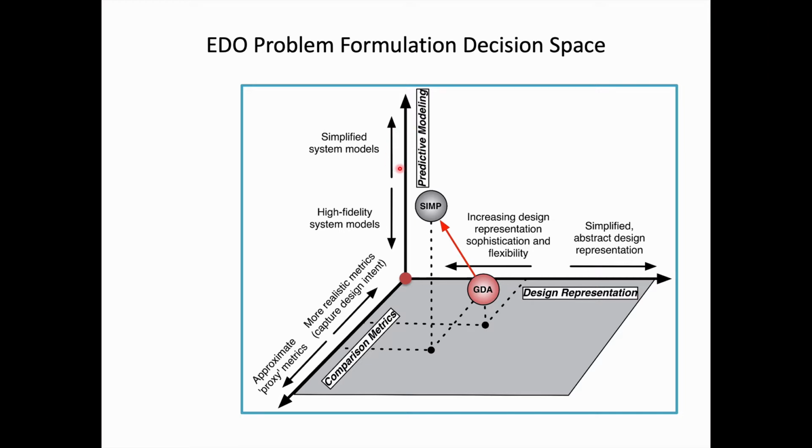But as we make decisions in this combined space, there are different motivations for doing so. We maybe want to define a formulation that's close to the origin to really push our assumptions and determine what it is that we really want to get out of this design.